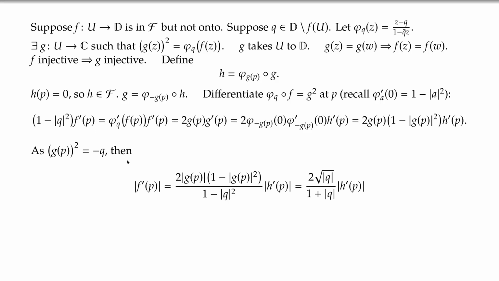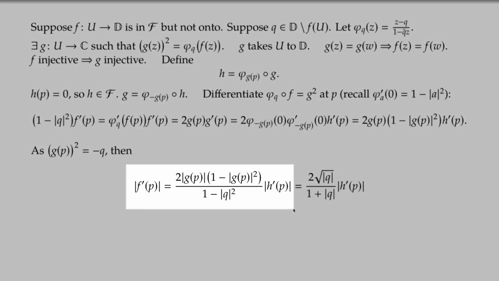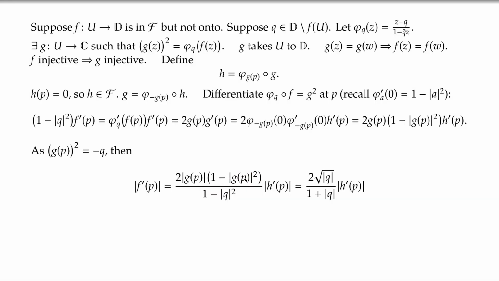And so therefore, if I solve for the modulus of f, I get this. But now this modulus of g of p squared, that's just the modulus of q. So I have 1 minus modulus of q on top.